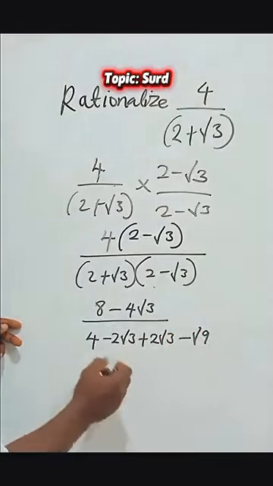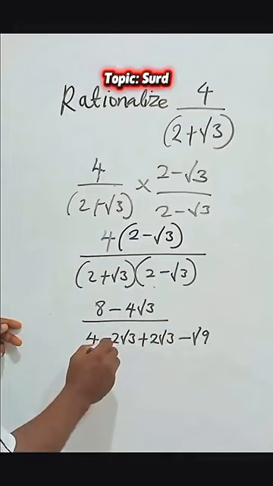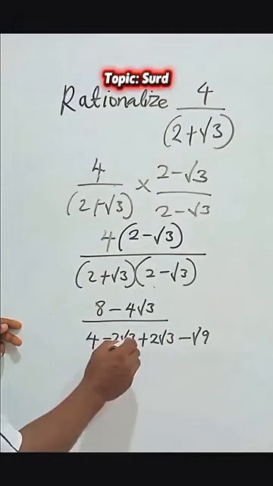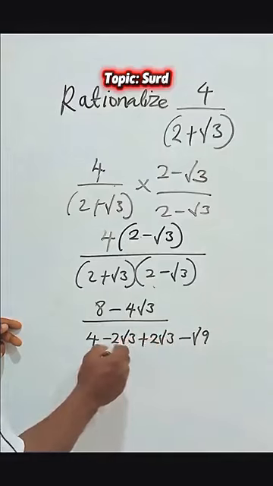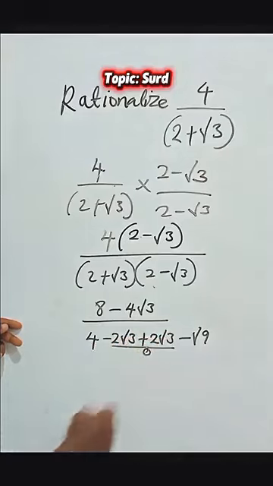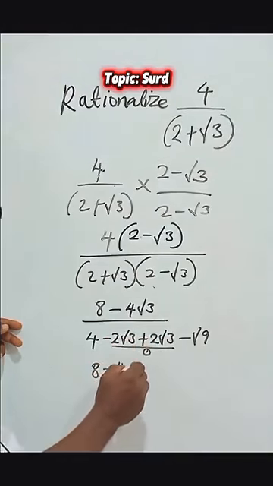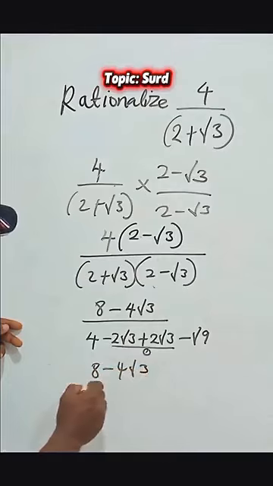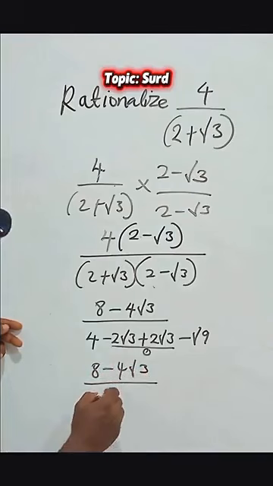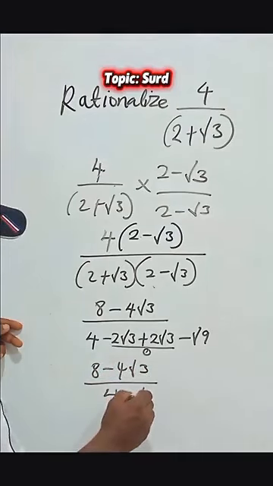So this is the same thing as minus 2 root 3 plus 2 root 3 is equal to 0. Therefore, this expression becomes 8 minus 4 root 3 all over 4 minus root 9.